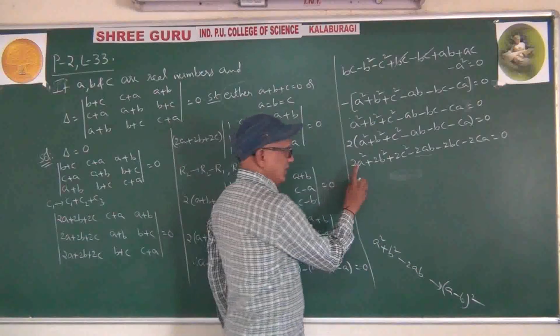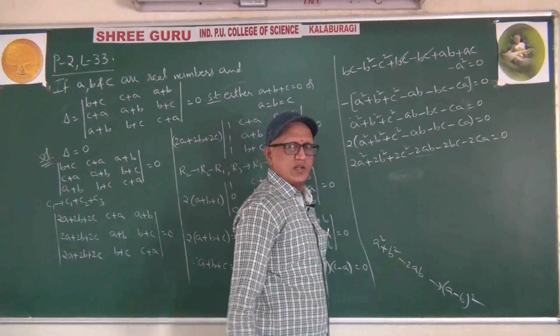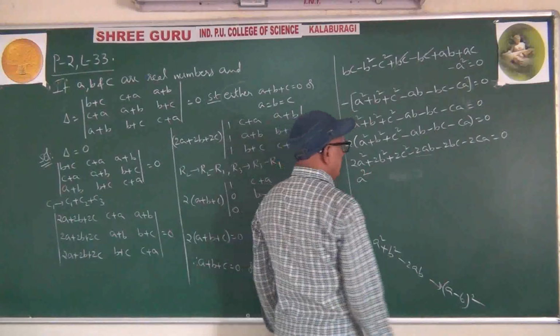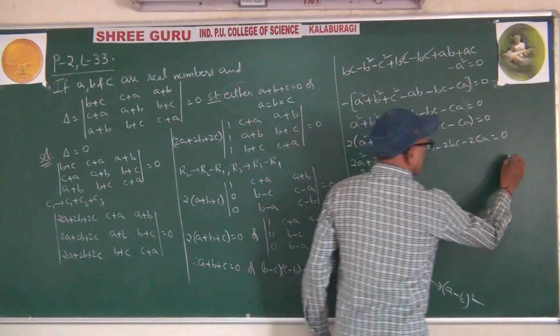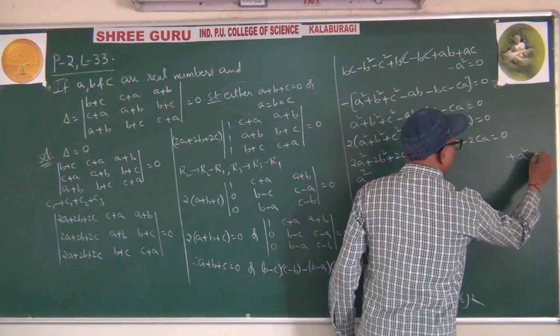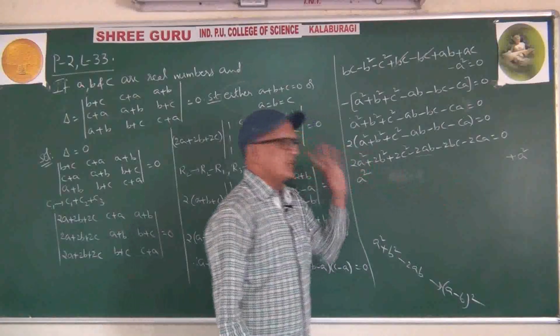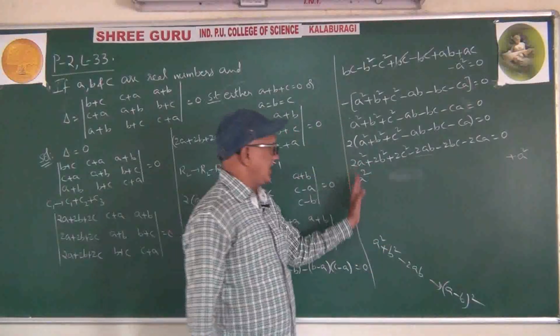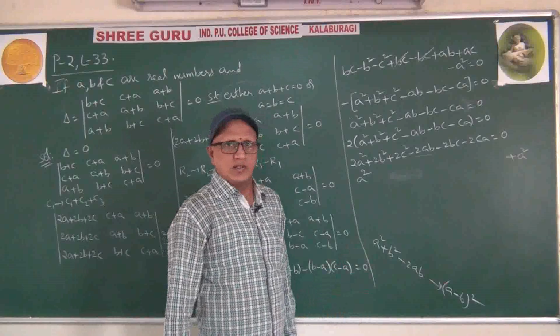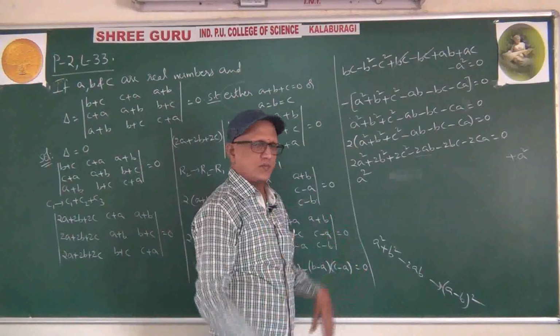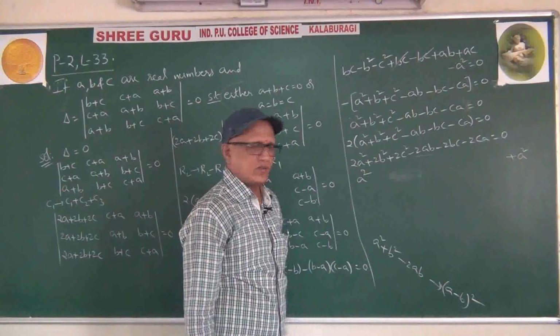Right? 2a square is there. I am writing a square plus a square. Any problem? a square plus a square, 2a square only. One is here, one is there.